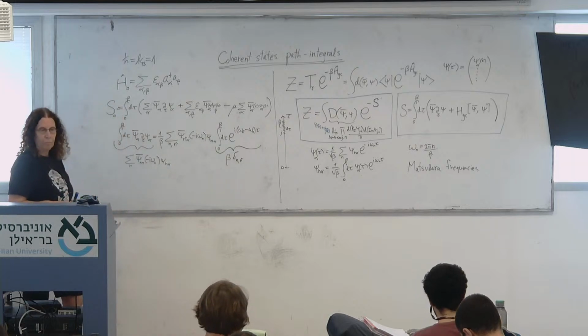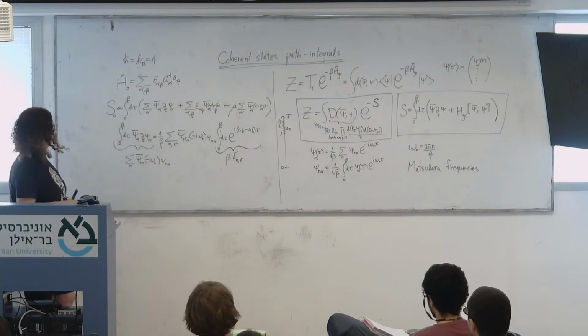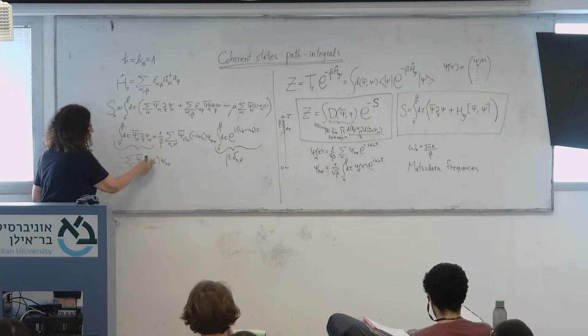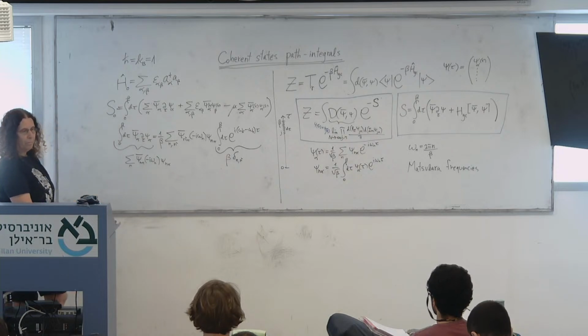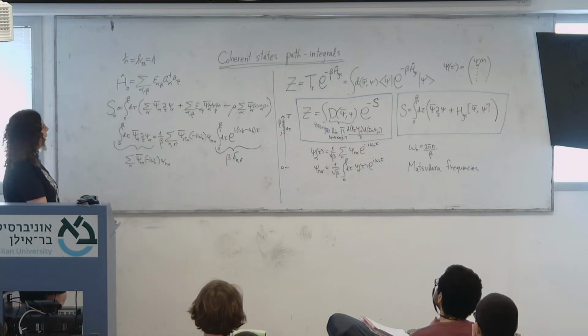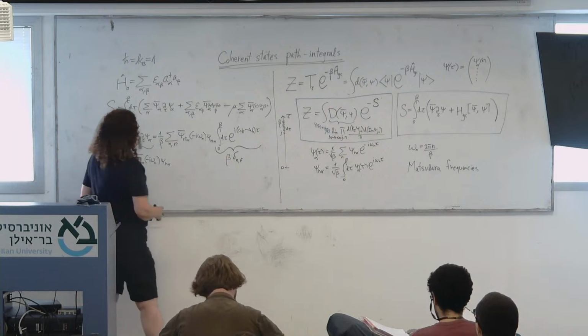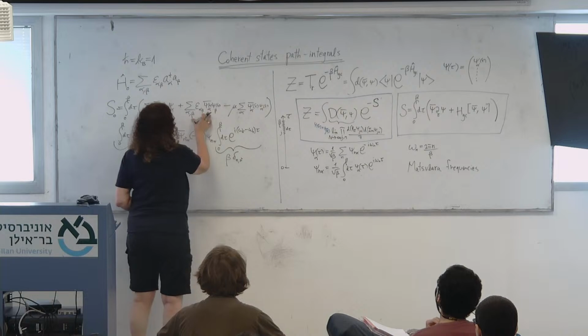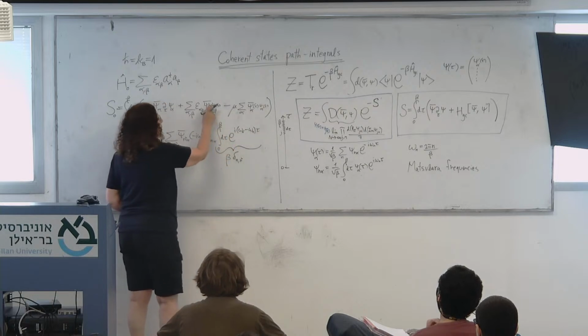That's all. Okay? So it's diagonal in n, and the time derivative turns into a factor of minus I omega. That's all, okay?